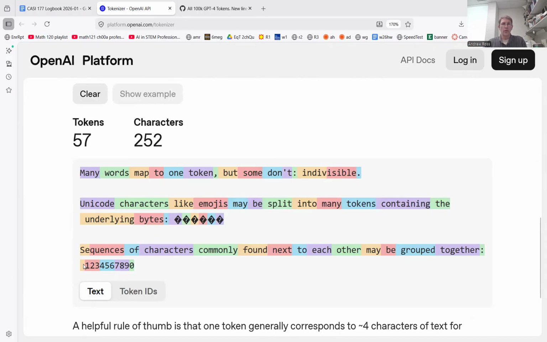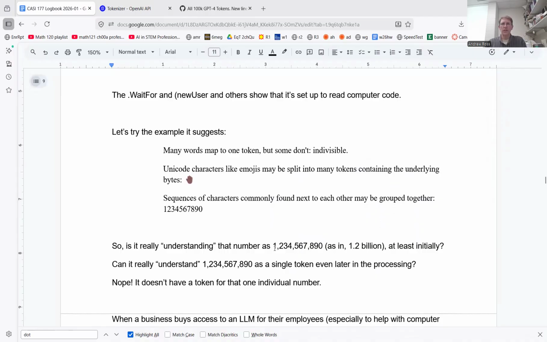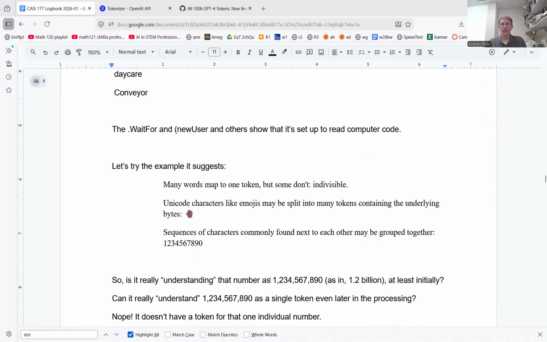And the number 1, 2, 3, 4, 5, 6, 7, 8, 9, 0 got broken into some groups of 3 digits and then one digit at the end, but not the way we would usually break things into groups of 3 digits. So is it really understanding a number like 1.2 billion as a number initially?